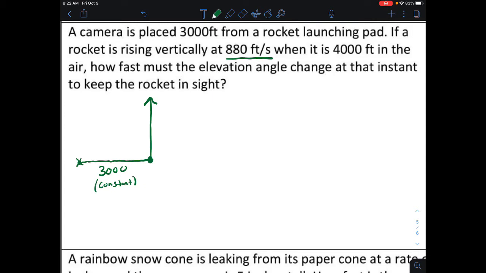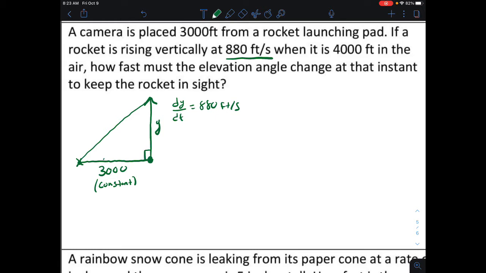So the rocket is rising vertically at 880 feet per second. I'm going to let the vertical component be y, so that dy over dt is going to equal 880 feet per second. Now, we're looking at what we're trying to find: the change in the elevation angle. So I'm going to close this off and form a right triangle.